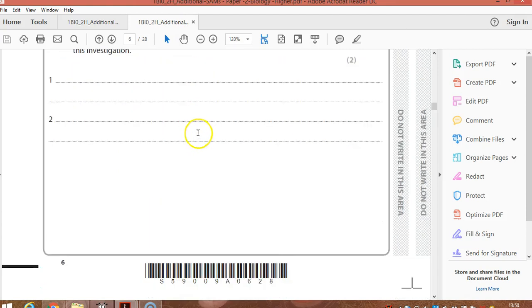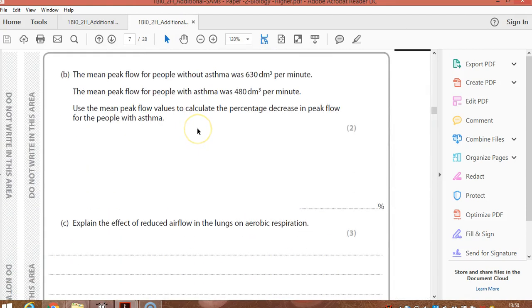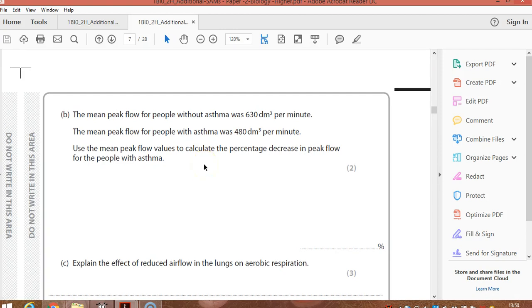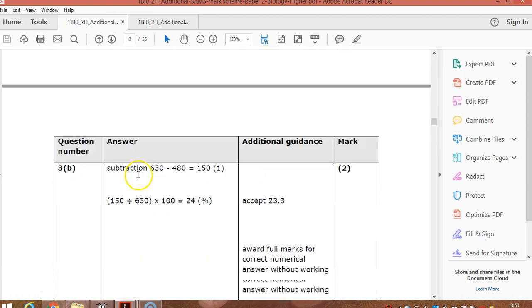Right, next question. The mean peak flow for people without asthma is 630 decimeters cubed per minute. The mean peak flow for people with asthma is 480 decimeters cubed per minute. Use the mean peak flow values to calculate the percentage decrease in peak flow for the people with asthma. 2 marks. Right, so this is a calculate question.